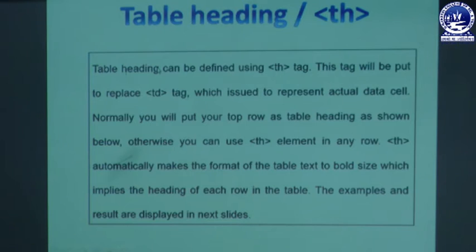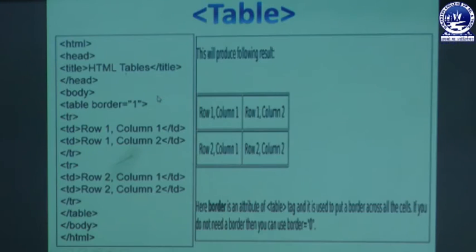So here we have used the table heading tag, which can replace the td tag. You can see over here that I have written td. td is the table data, used to define the column of each row, but if we replace it by th, it becomes a heading tag.